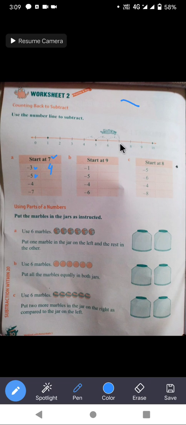Start from 7, and how many times do you have to move backward? 5 times, because we have to subtract 5 from 7. So let's move 5 times backward. 1 2 3 4 5. After moving 5 steps backward we will reach 2. So 7 minus 5 is equal to 2. Understood?